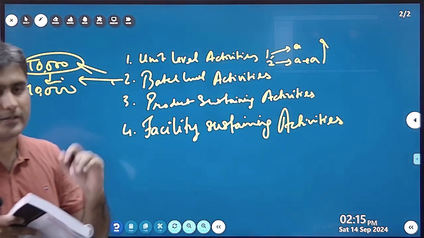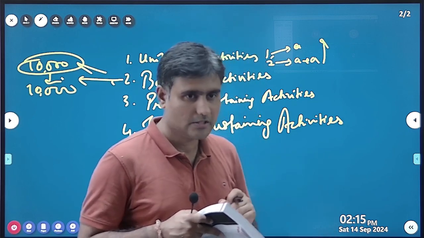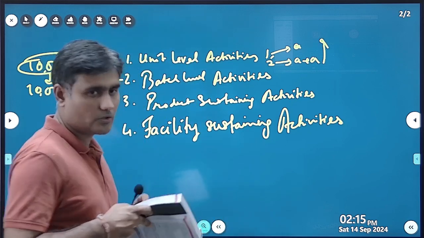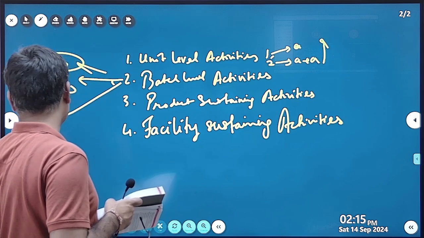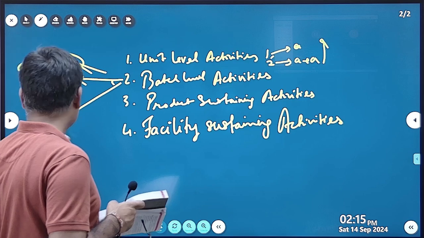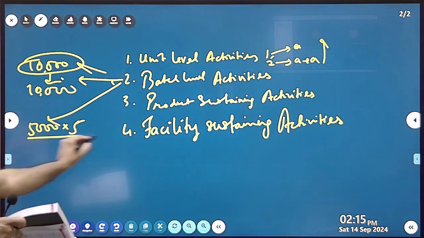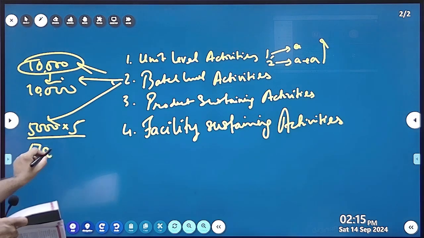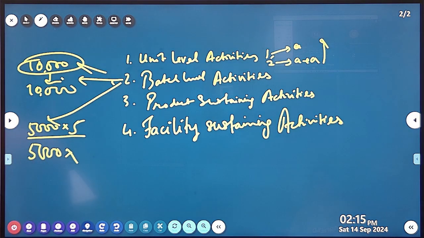Say procurement. First time you purchase 5,000 units of raw material. Okay? 5,000 units of raw material if you purchase, you get them at a price of say 5 rupees. So it is a batch. Next time you purchase 5,000 units. Are you sure that you will get it at 5 rupees?